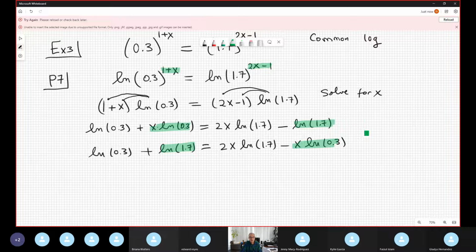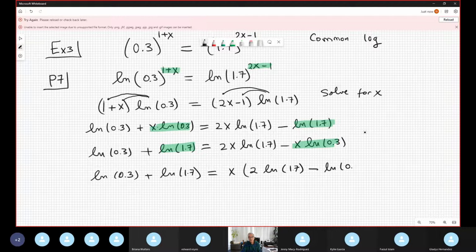Now be ready, almost: you rewrite now ln 0.3 plus ln 1.7 is equal to, and you factor out x, because I want to solve for x, you have 2 times ln 1.7 minus ln 0.3.